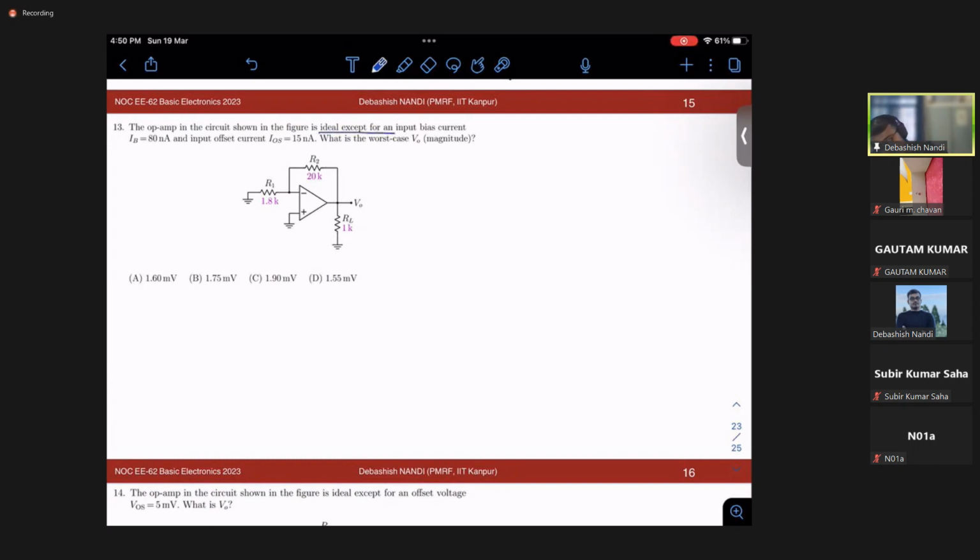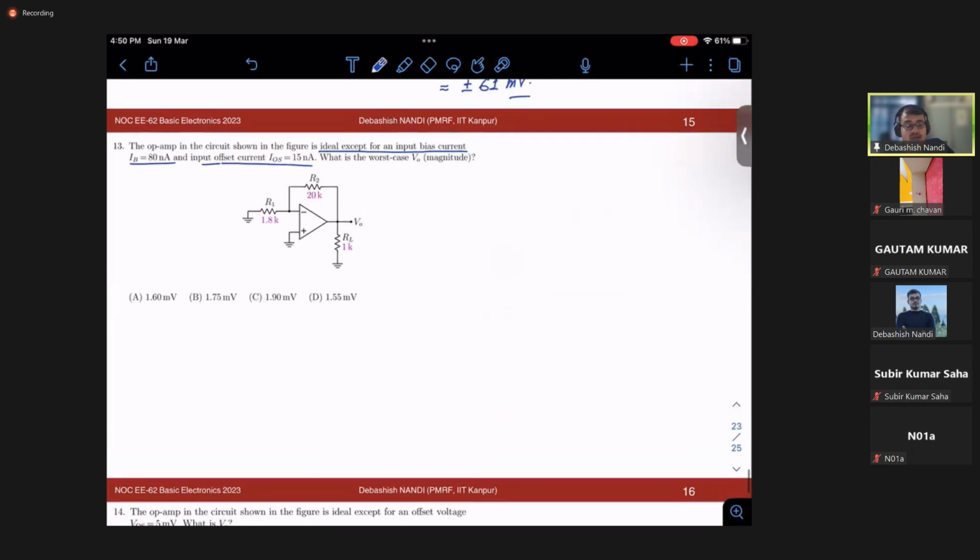If you remember, we have considered for an ideal op-amp that the input resistance is infinite, right? If the input resistance is infinite, then the current going into that node would be zero, because it's an open circuit. But in a real device, as you know from your BJT analysis earlier, these input terminals are looking at the base of the BJT or the gate of the MOSFET.